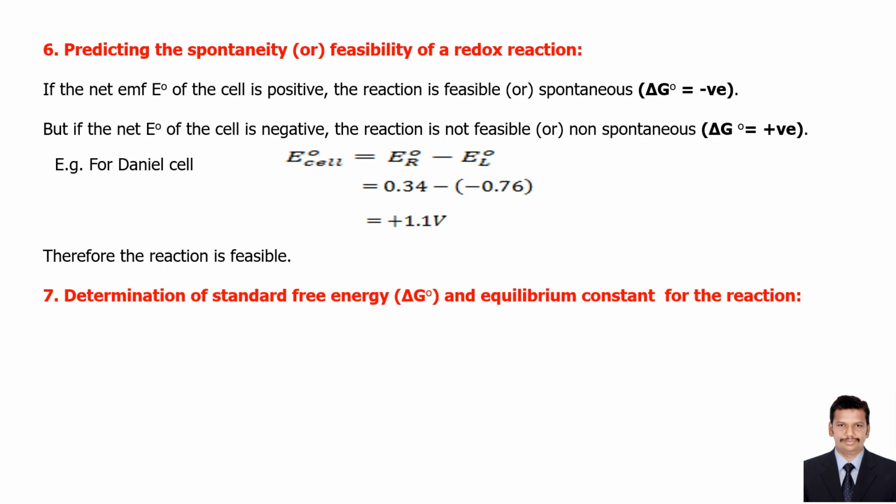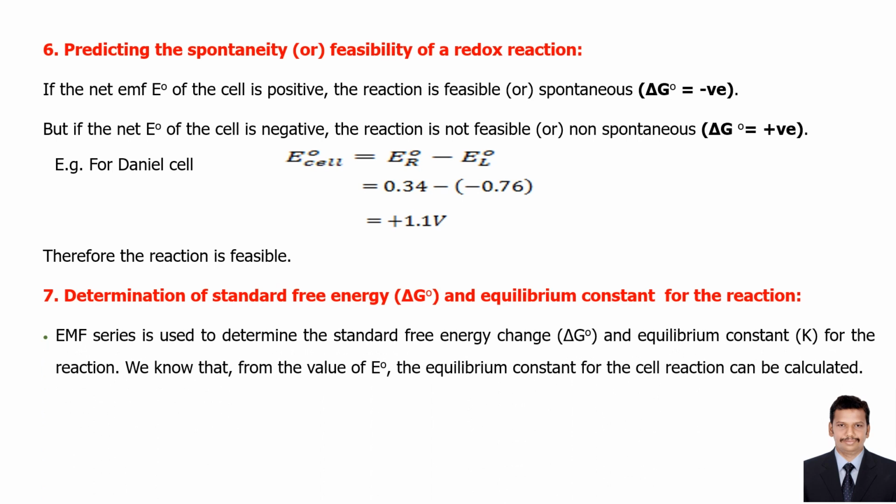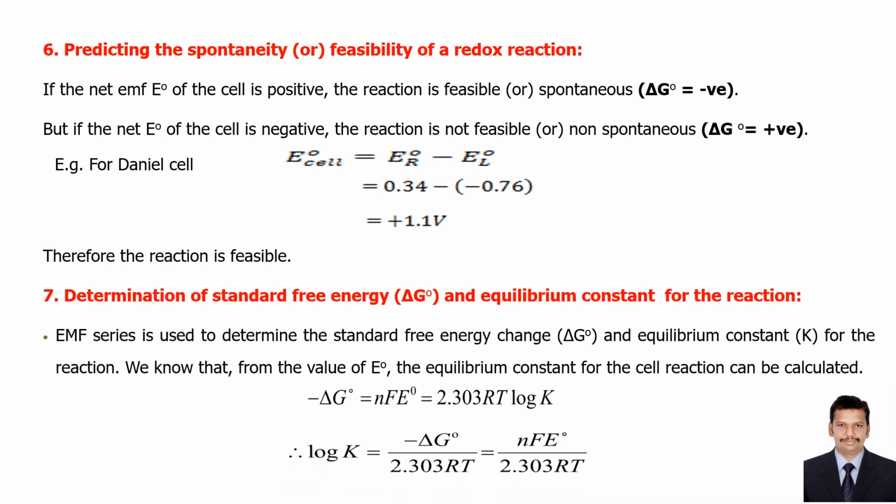The last application is the determination of standard free energy, delta G naught, and also the equilibrium constant for the reaction. We know that the EMF series is used to determine the free energy and also the equilibrium constant by knowing this equation: minus delta G is equal to nFE, which is equal to 2.303 RT log K. So if you want to calculate it, log K is equal to minus delta G naught divided by 2.303 RT, which is equal to nFE over 2.303 RT.